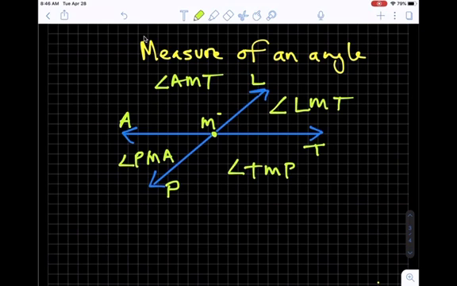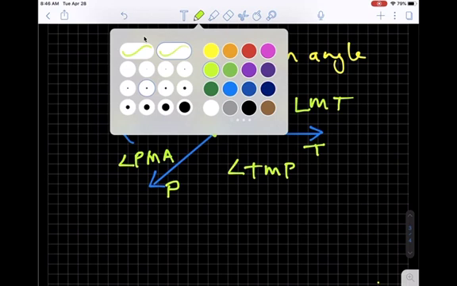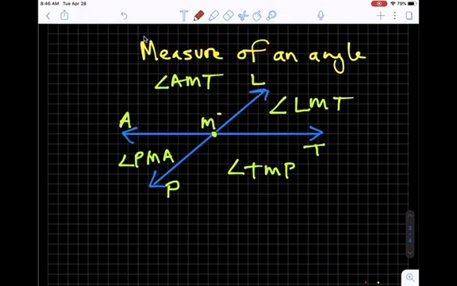So when we talk about the measure of an angle, that means that if you took a protractor and measured the angle for a number to see how many degrees it is, there's a specific way to write that. If they want to say, find the measure of angle PMA, they're not going to write that.